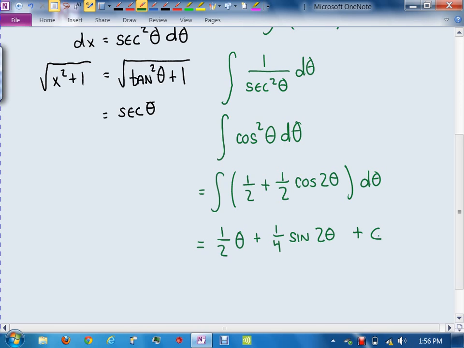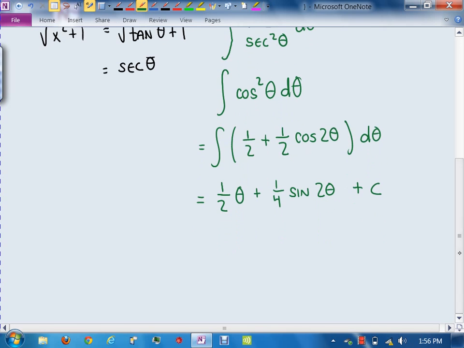So what did I do there? That's just that rule, right? With cosine ax or whatever. We happy with that? The antiderivative of 1/2 is 1/2 theta, because theta is like the x.